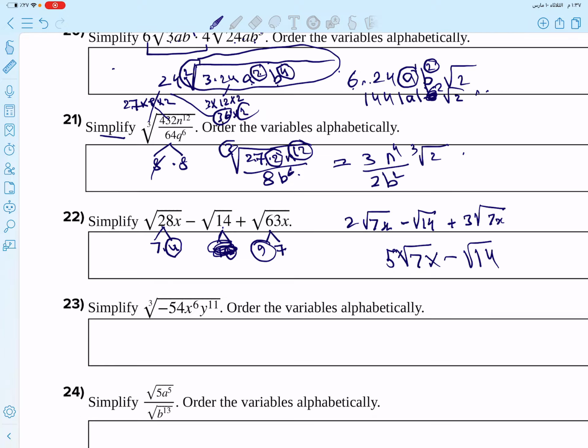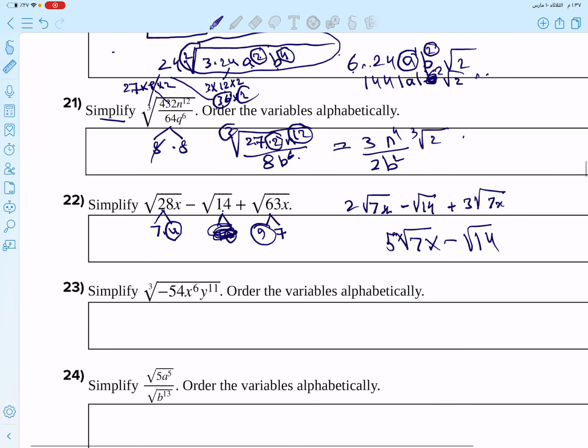Simplify. How can I simplify number 23? I have here 54. So I can write 27 times 2. Okay, why? Because I can find the cube root of 27, 3, it's outside.